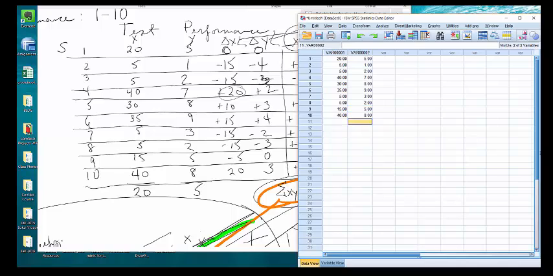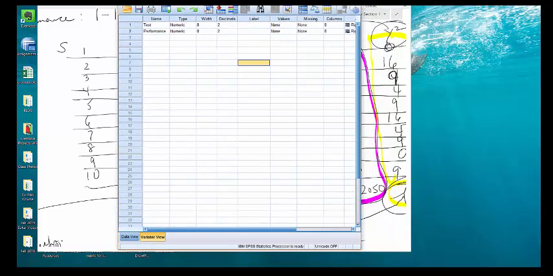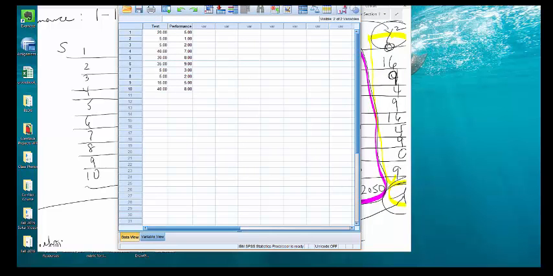So we have all the variables plugged in, and let's call the one the test, and let's call the other variable performance. And so now we have our SPSS data file. So now we'll go back to data view.